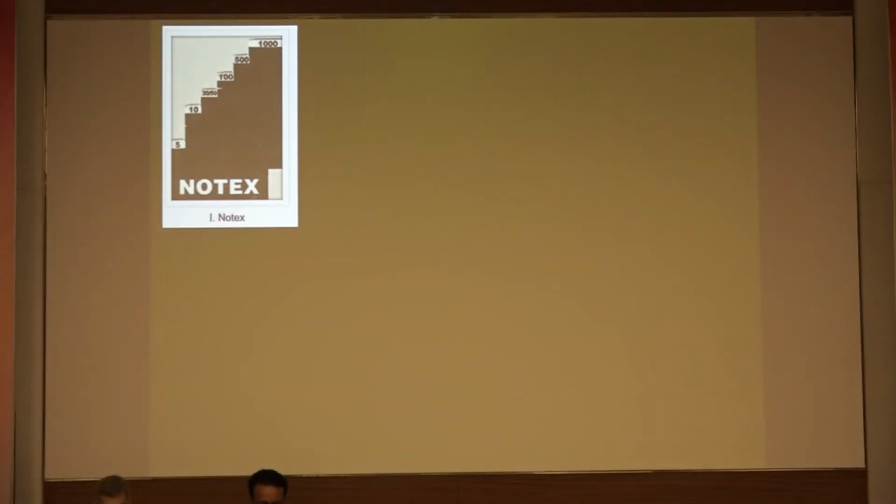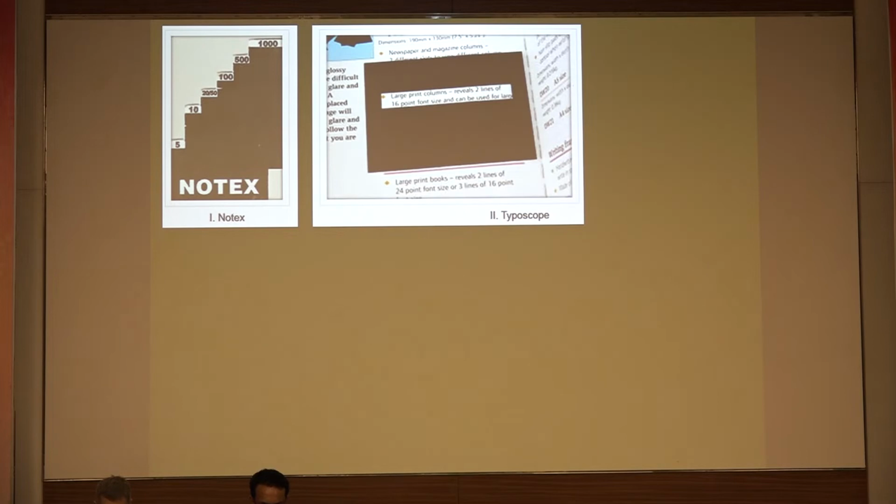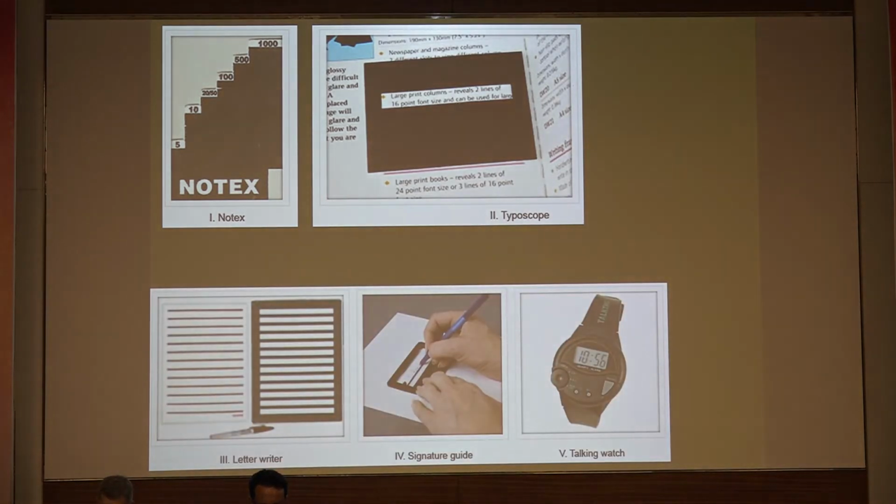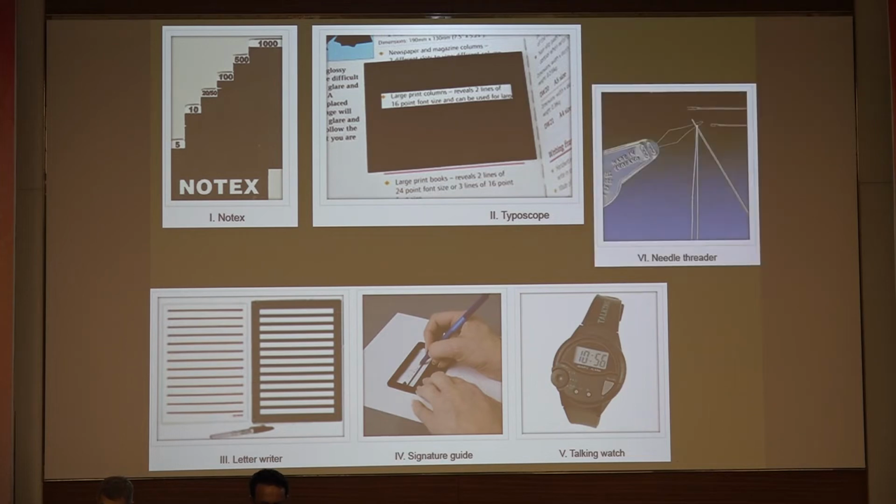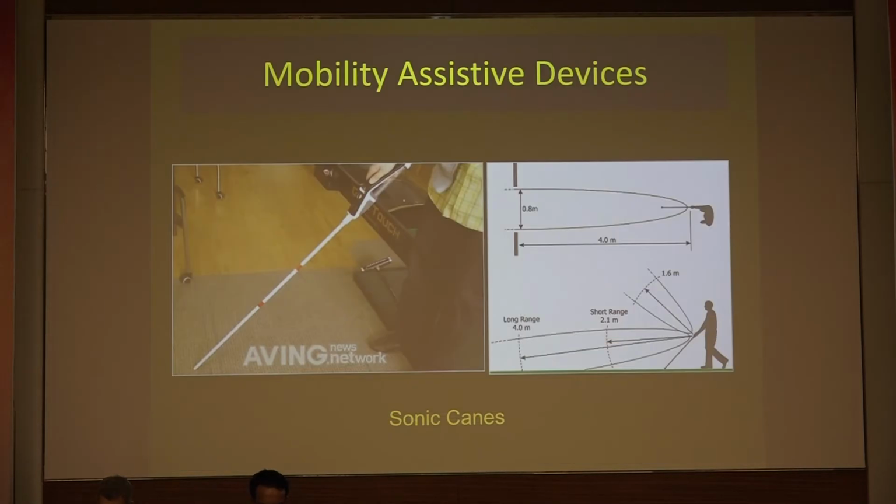And a few other devices which can be used in day-to-day life like Notex, which helps in identifying notes, typoscope, as I've already mentioned, writing and signature guides, talking watches, even needle threader. Another device is sonic canes.